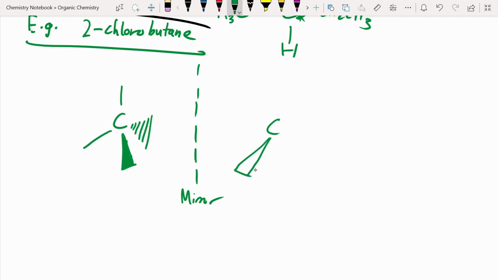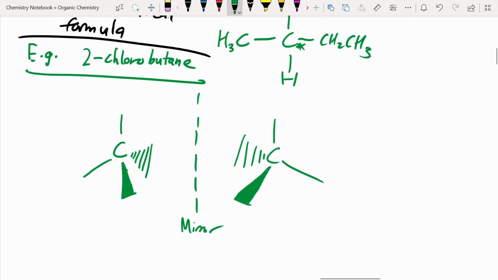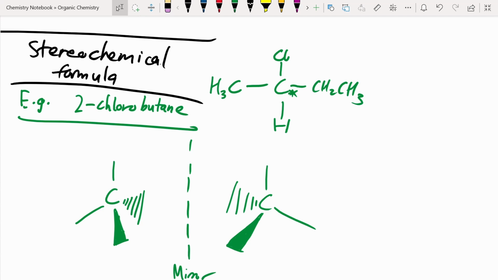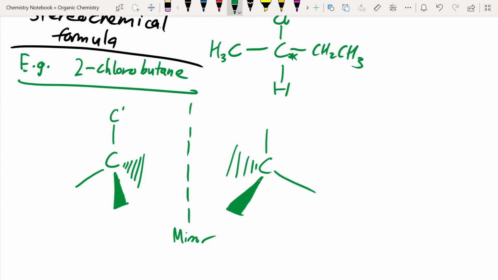Make it a mirror. In a sense, you need to make it like a mirror. Then it will be CH2CH3.